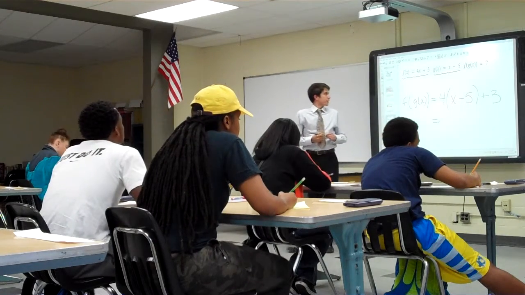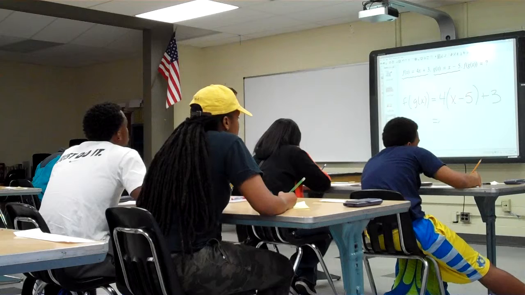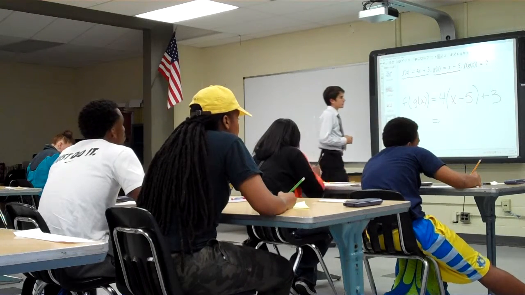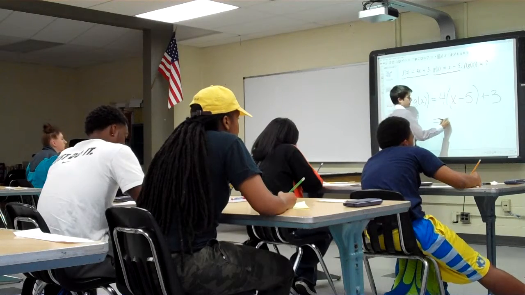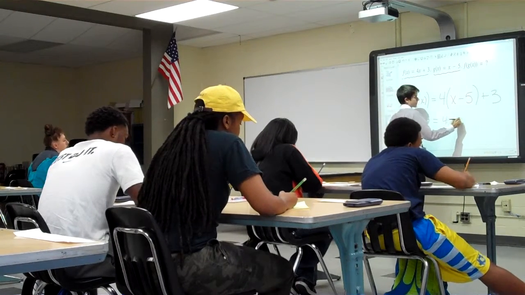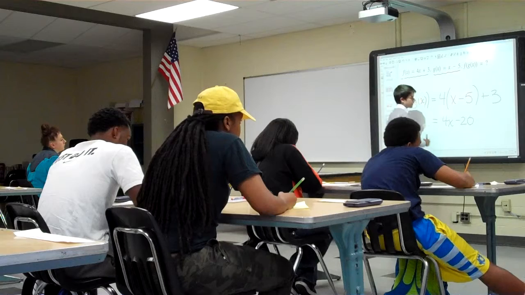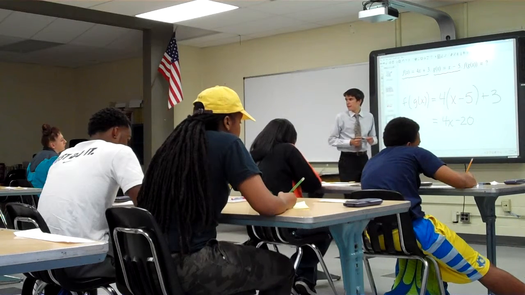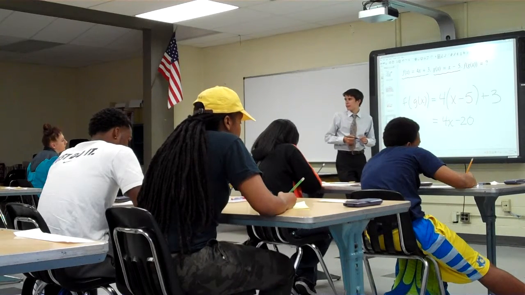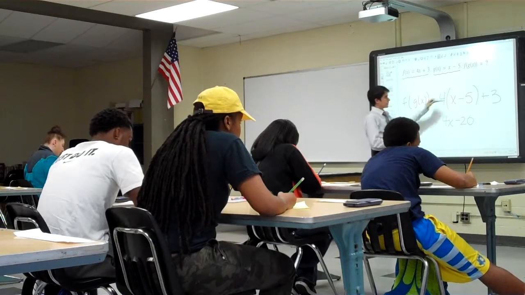Help me out, Jamisha. How do we simplify that? 4x minus 20. Where'd you get the 4x and the 20? That's right. Distribute.